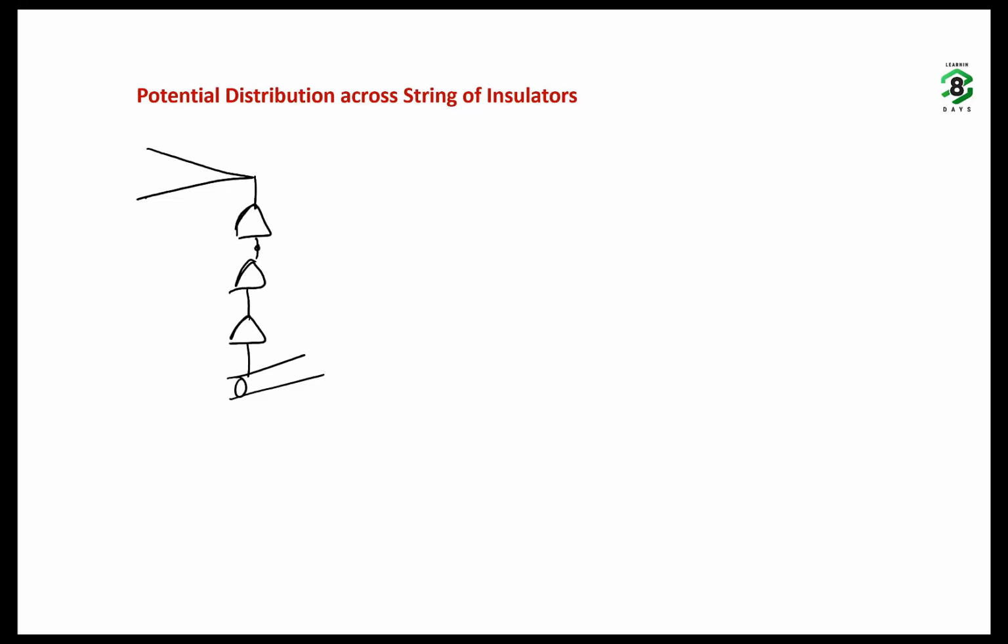We have told that the voltage of this tower body is 0 volt. So the voltage at this point is 0 volt, and we already discussed that there is a metallic pin junction between one disc and other discs. So a capacitance is formed between this metallic pin junction and the transmission tower body.